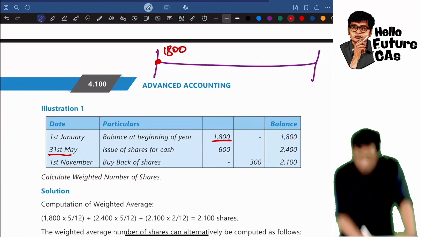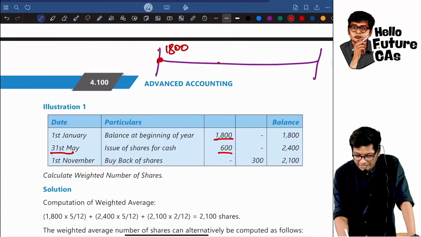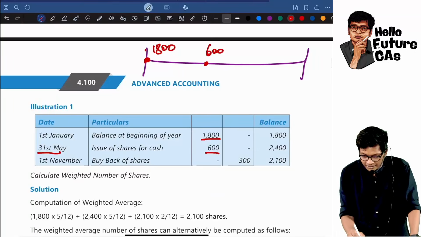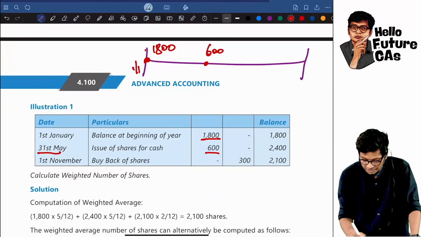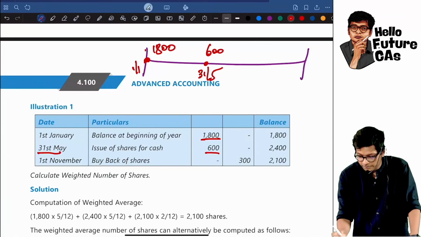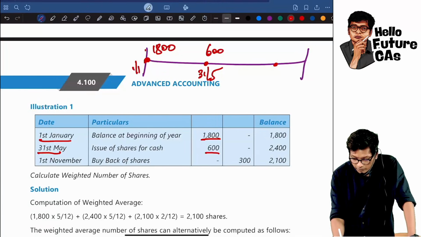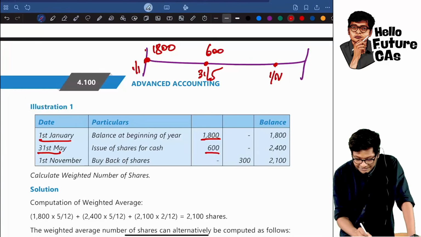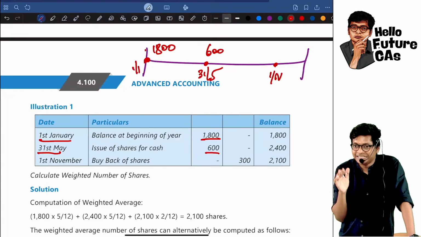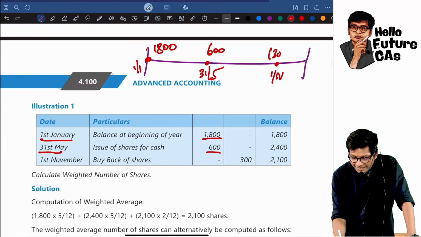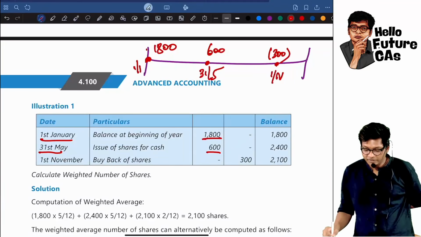In the month of May, they have issued how many, guys? 600. Correct? So the beginning of the year is 1st Jan. This is 31st May, it's given in the question. Again on 1st November, shares are decreasing by a buyback of 300 shares, in brackets. Therefore, at the end of the year, how many shares will I have?